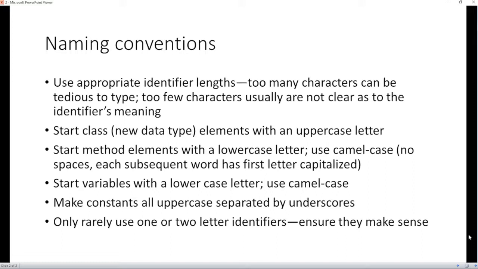So it follows intelligibly from that. But if we were counting the number of boards in a picket fence, the letter M, for example, doesn't make sense. We don't normally do that. So ensure that your names make sense in relation to the problem you are solving.